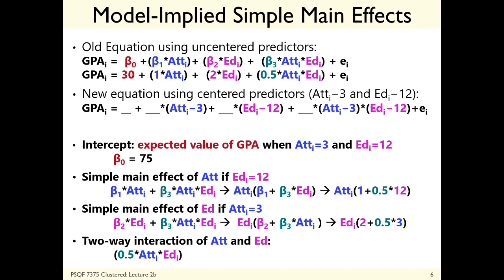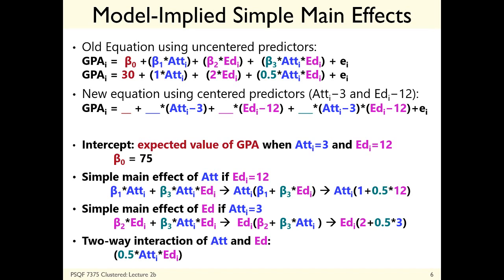We go to the equation. How do I figure out what the model says the effect of attitudes would be? Well, that's what we just did. I need a beta 1 at a minimum. I also need a beta 3. So it would be whatever beta 1 used to be, which is 1, plus the interaction coefficient times the new value of education.